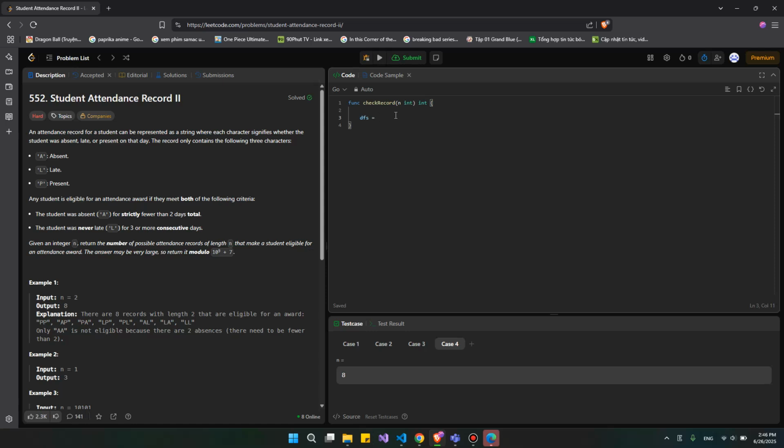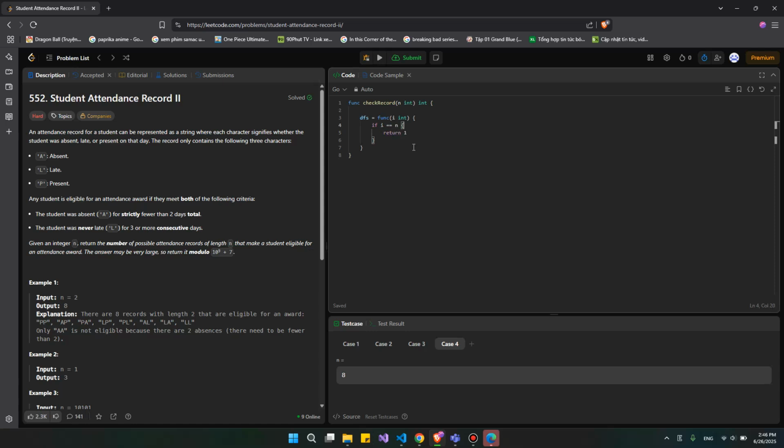We have a function dfs. Firstly we will see a parameter i, an integer. Right, when we build a record, we have to build from i to n, right? Okay, if i equals n, we will return one.